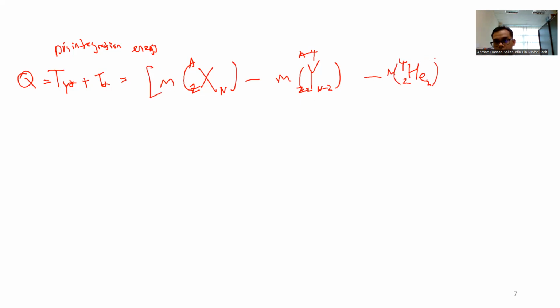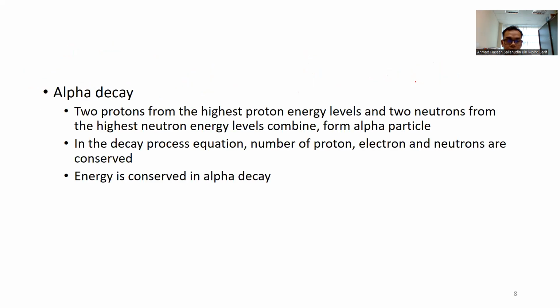Everything can be factorized by multiplying with c square. So Q can be predicted by knowing the mass of the parent, the mass of the daughter, as well as the mass of the helium. That's alpha decay. Move on next to some notes about alpha decay.